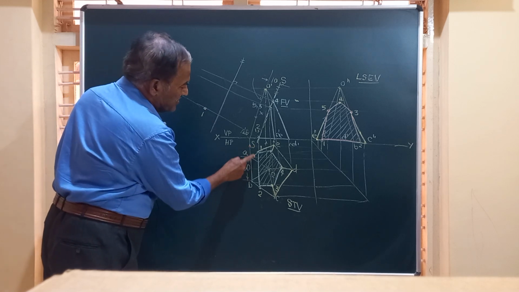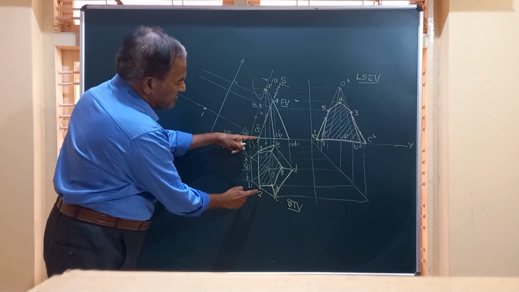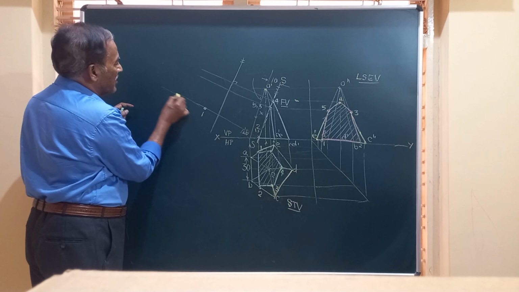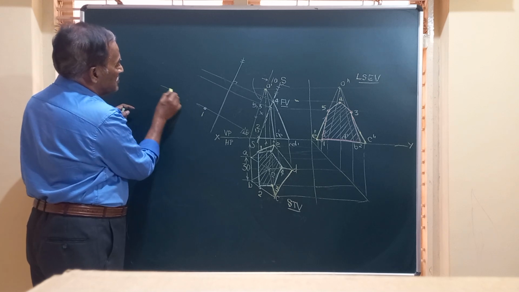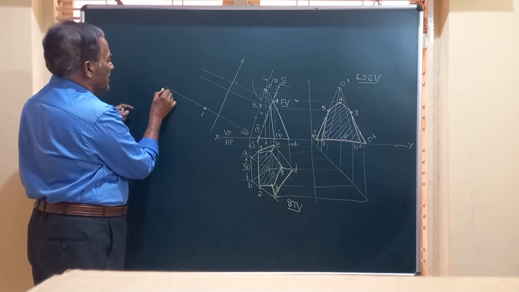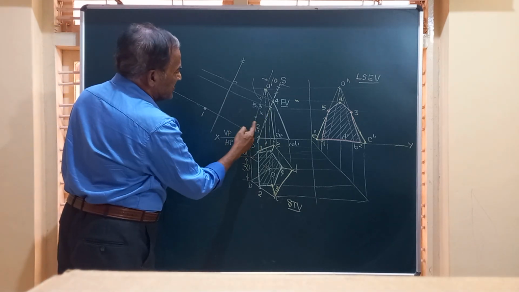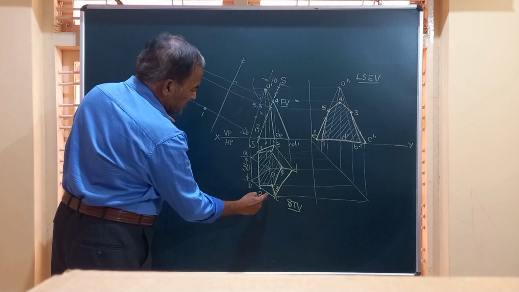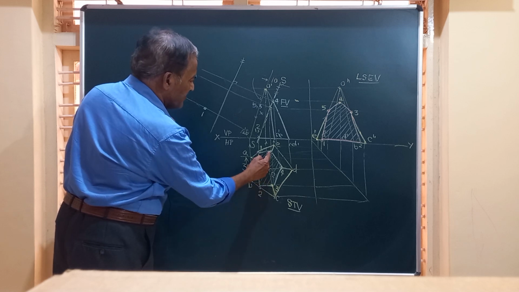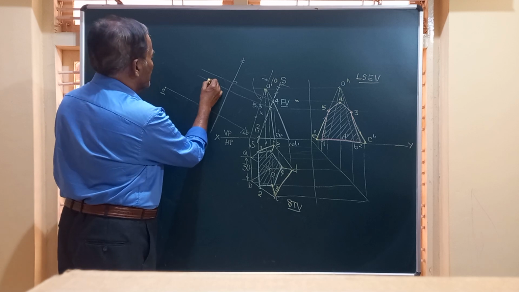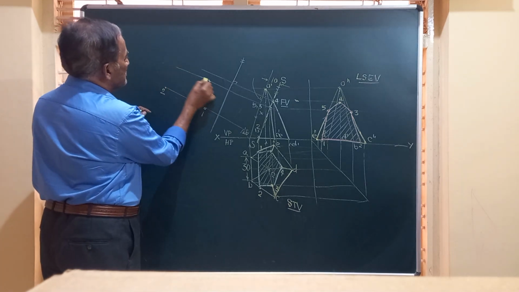Friends, next comes the point 2. The distance from XY to this is marked as point 2 here. Say this is point 2. Next, on this line, friends, you got 3 and 5. This is 3 and 5 is nearer to us. So we are going to have 3 and 5 on this line.